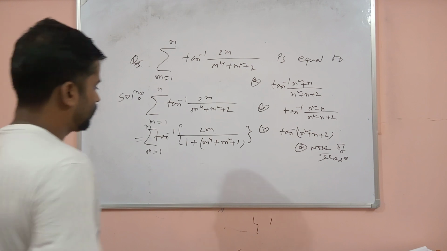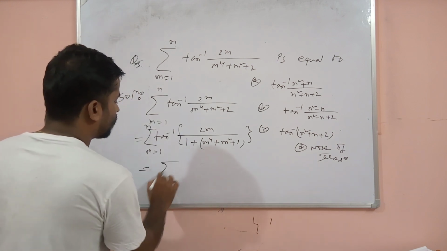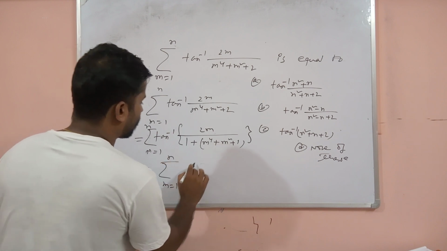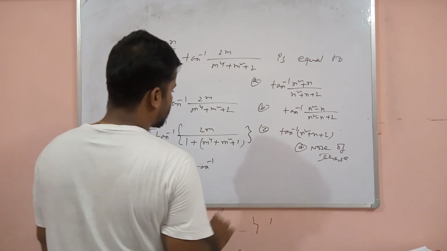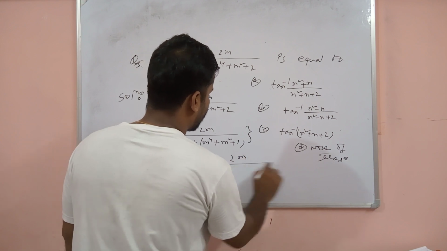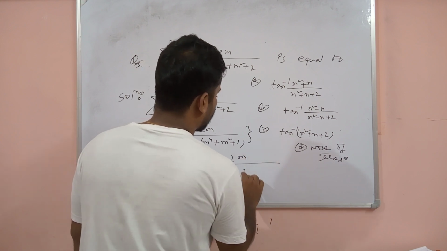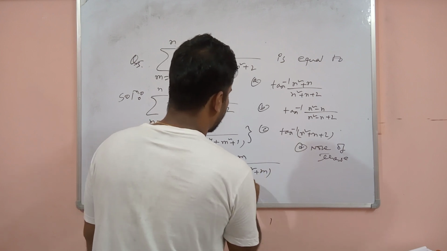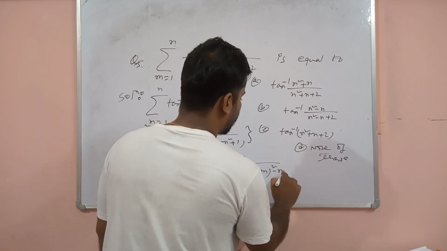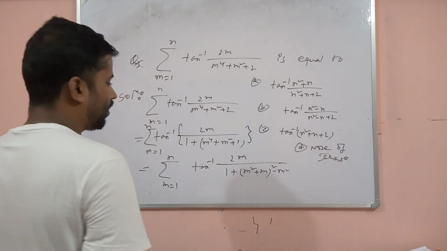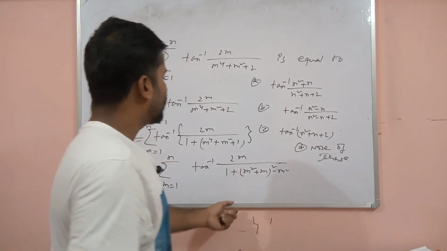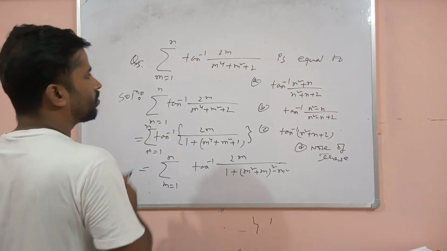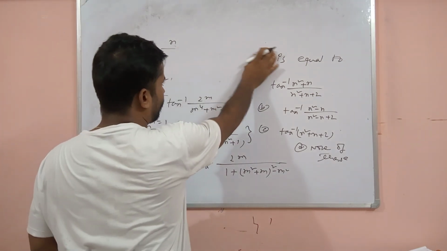So the next step would be tan inverse twice m by 1 plus m square plus m whole square minus m square. If we simplify it, there is no problem.